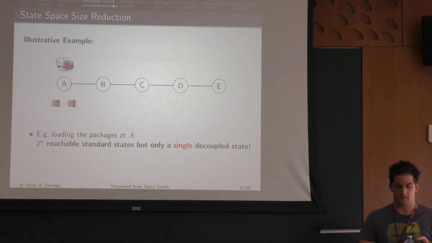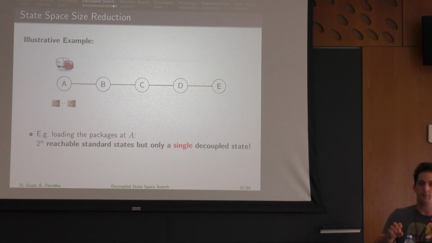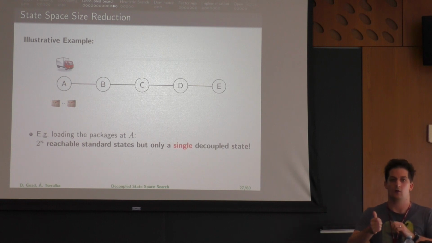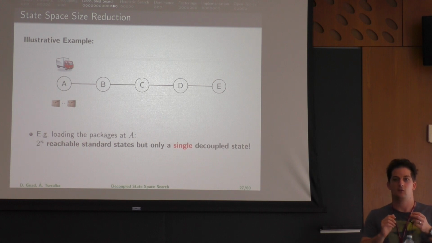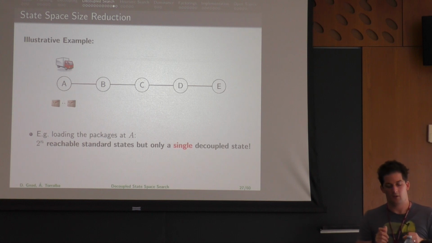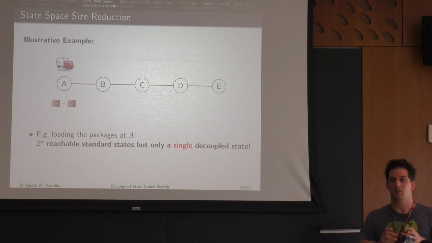And now the point is that in the initial state, the decoupled search can choose to load or keep at the initial position all possible combinations of these n packages. So what you have is a single decoupled state that encodes all these possible combinations, where in explicit search you have 2 to the n reachable states just to load different numbers of packages.